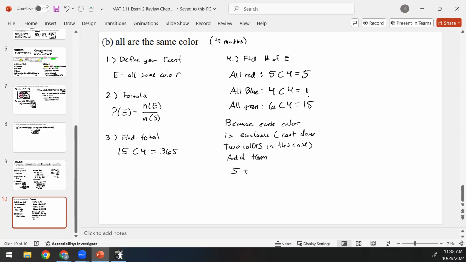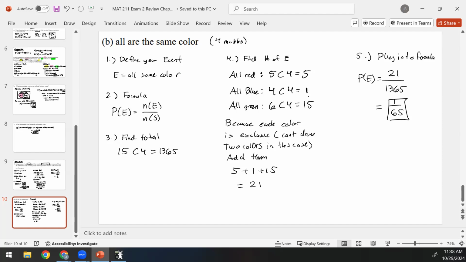So 5 plus 1 plus 15 is equal to 21. And then step 5 is plug in. So 21, the probability of E is 21 over 1365, which is 1 over 65.